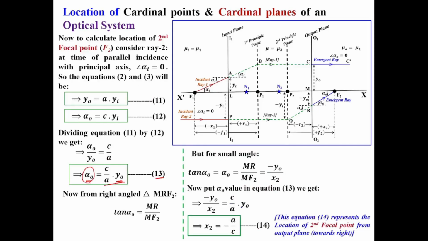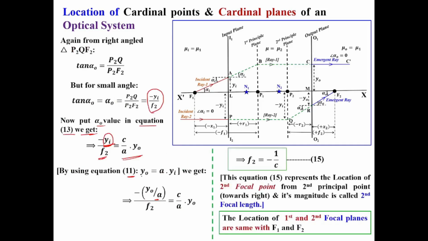Here in equation number 11, we have YO equal to A into YI. So YI will be equal to YO by A. So instead of YI, written as YO by A by F2 is equal to C by A into YO. That implies YO got cancelled, A also got cancelled, and we found F2 equal to minus 1 by C. Let this be your equation number 15.